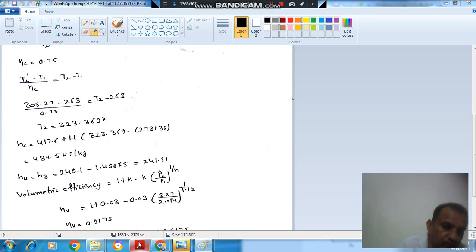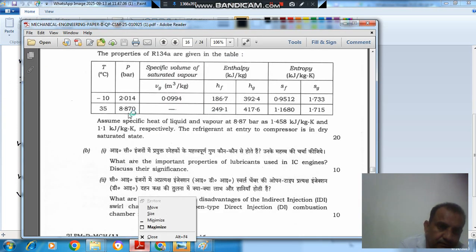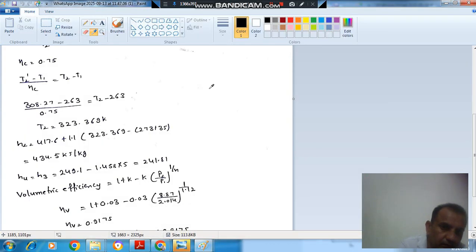Because here the temperature is 35 degrees Celsius and Hg is 417.6, and Cp for the vapor part is 1.1, and the temperature increase we have calculated, H2 can be found out. So H2 is Hg plus 1.1 into temperature increase. That will come out as 434.5.